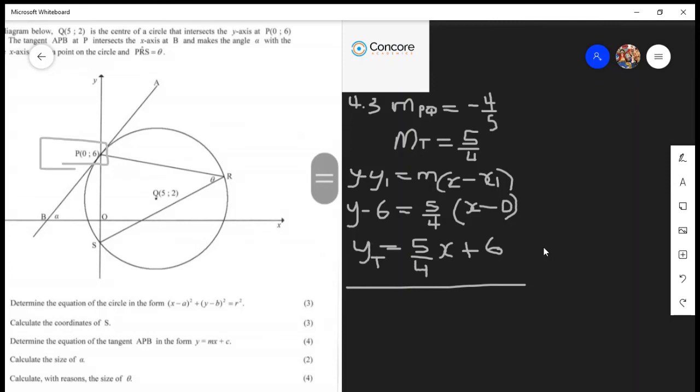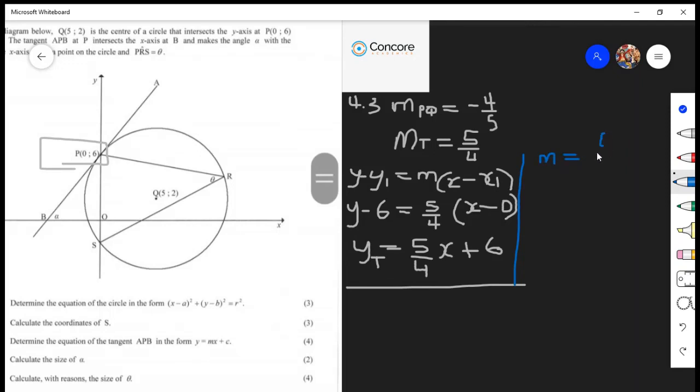So the second way we can use is we've got our gradient, which is equal to 5/4, and we need the value of c, right? Because the formula is y is equal to mx plus c.